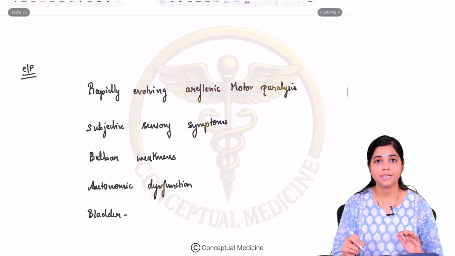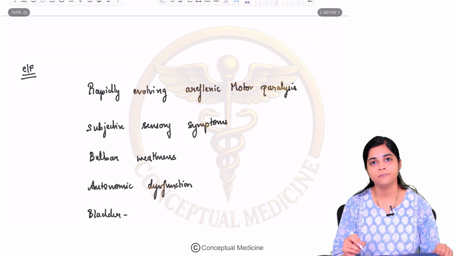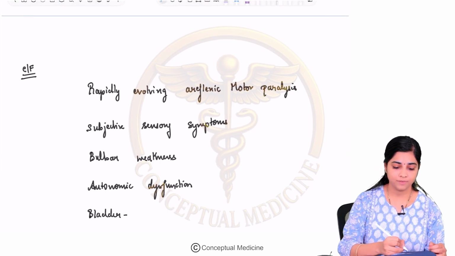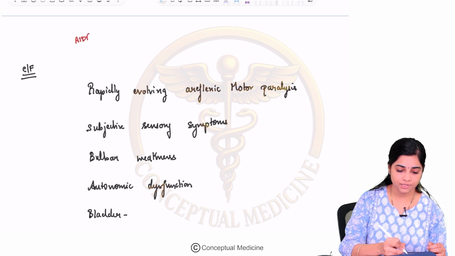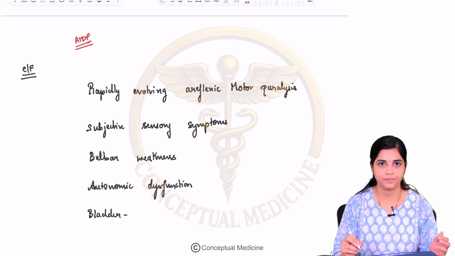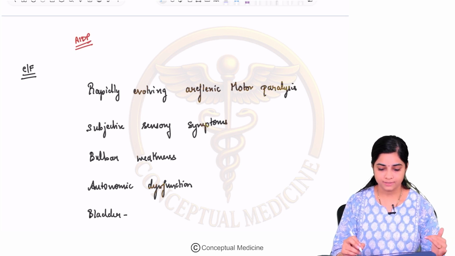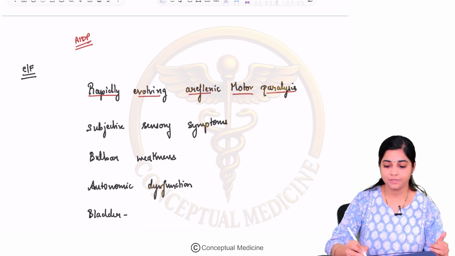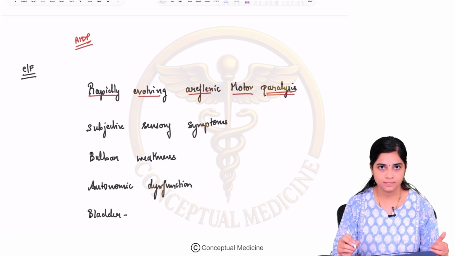Now let us go on and understand the various clinical features in your GB syndrome. Whenever we speak of GB syndrome here, we will be talking about the prototype, which is your acute inflammatory demyelinating polyradiculoneuropathy, AIDP. Okay, so most of it we have already discussed. This is a rapidly evolving areflexic, predominantly motor paralysis, right?